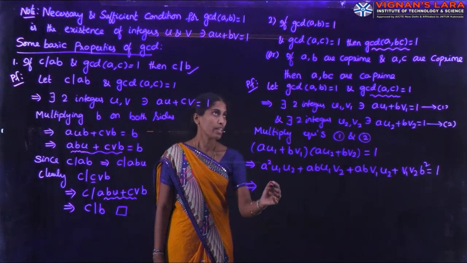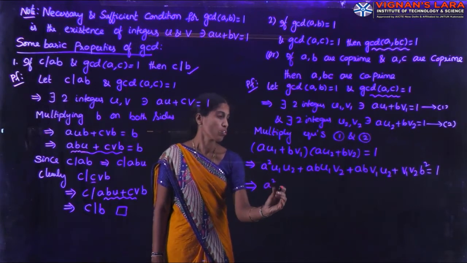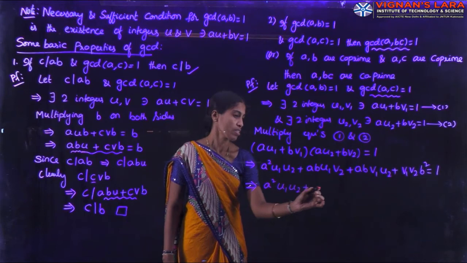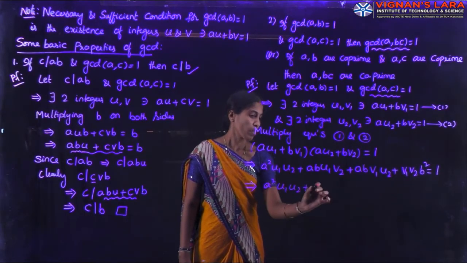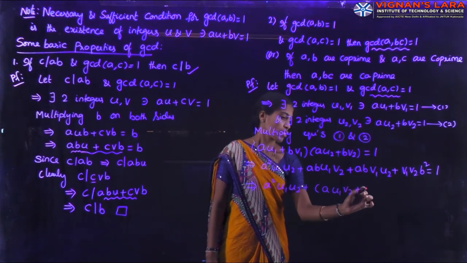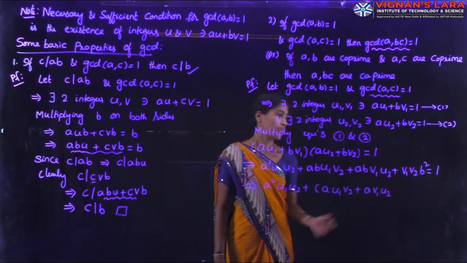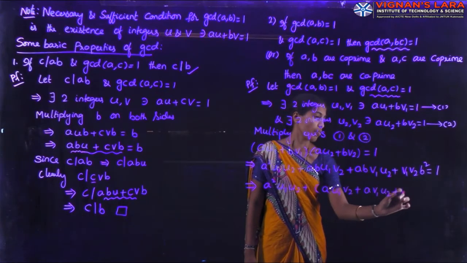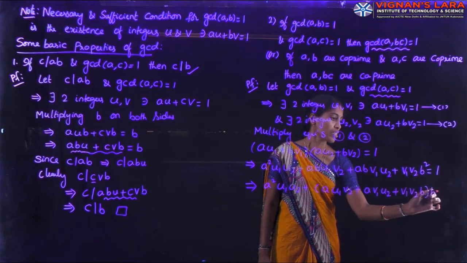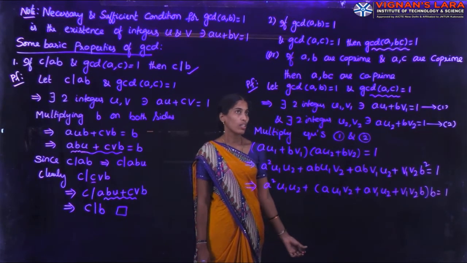We can write it as a square into u1 u2 plus, taking common b from this one, a u1 v2 plus a v1 u2 plus v1 v2 b into b is equal to 1, right?